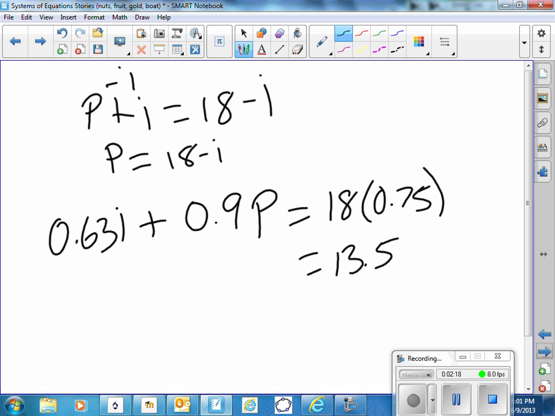Let's go ahead and replace the weight of the pure copper with 18 minus I. So everything else will stay the same.